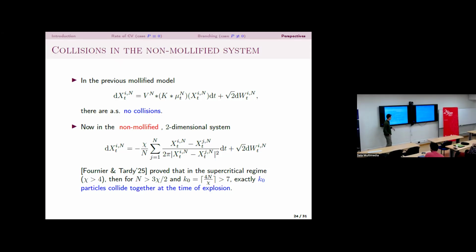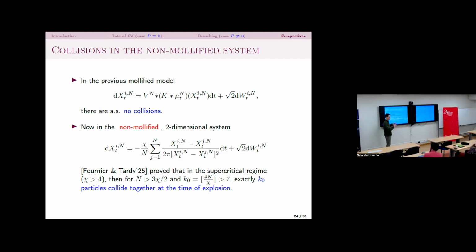Each particle has its own independent Brownian noise. And the story that I was talking about at the beginning, the latest developments are in this paper. What they proved is that in the supercritical regime, so that means when there is blow up, in practice that means chi larger than 4.